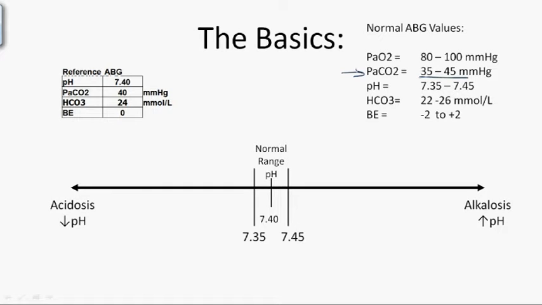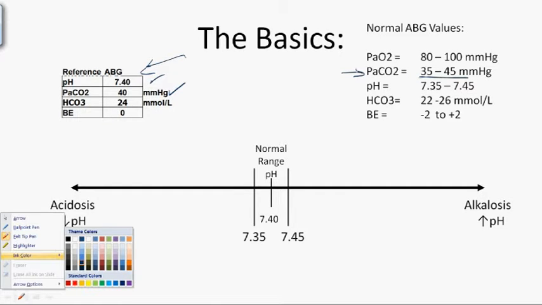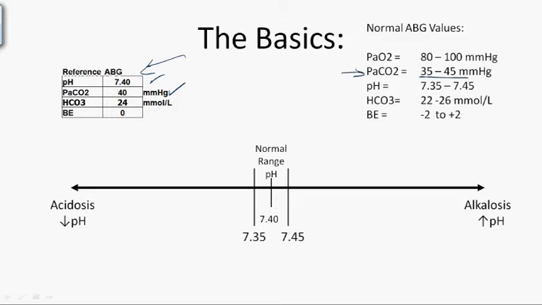What we're going to use in our discussions today is a reference blood gas where everything's in the normal range: pH is 7.4, CO2 is 40, and then when we talk about the metabolic system, we're going to talk about the pH, of course, the bicarbonate, and the base excess. Now you notice in a normal blood gas, the base excess is going to be plus or minus 2. That's a normal range. So it could be anywhere from -2 all the way up to +2, and we're going to consider that to be effectively 0, or no change in the base excess.